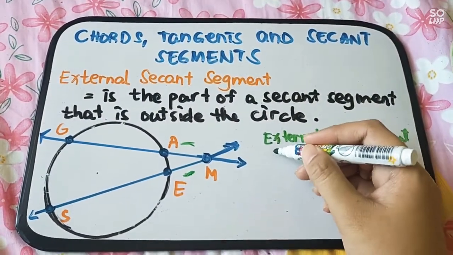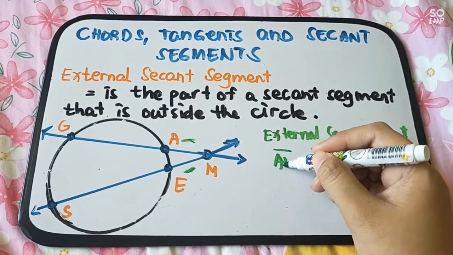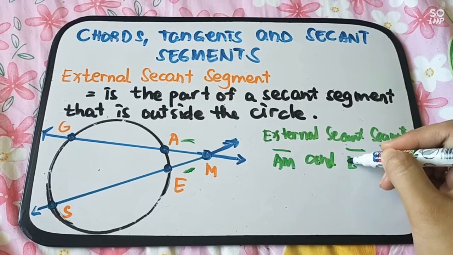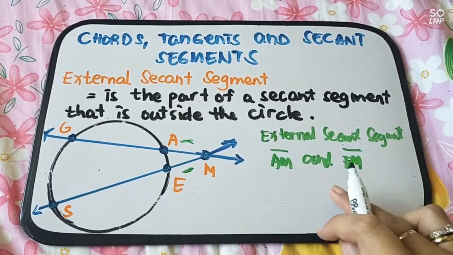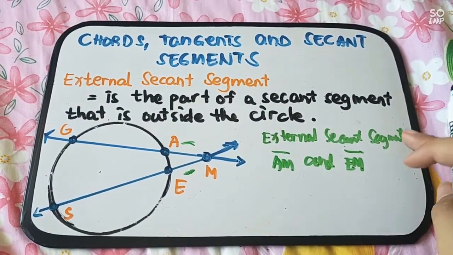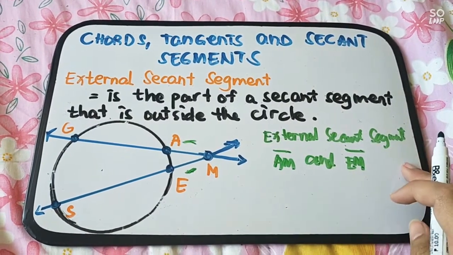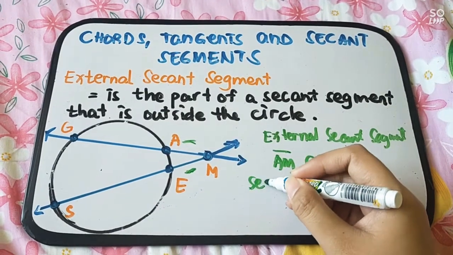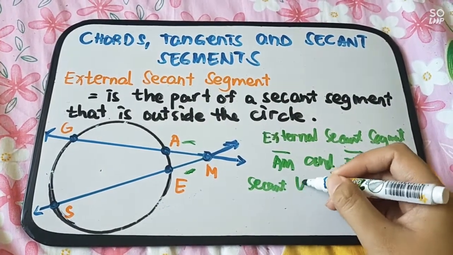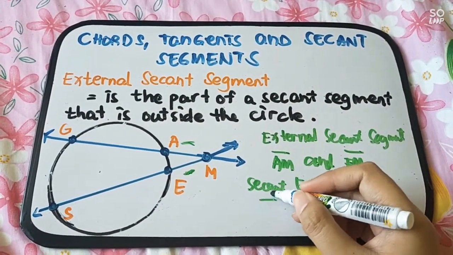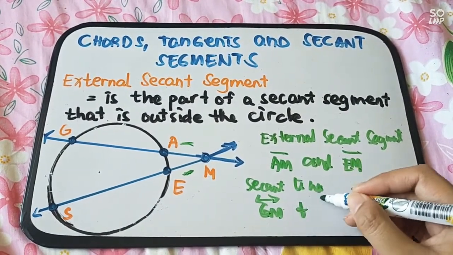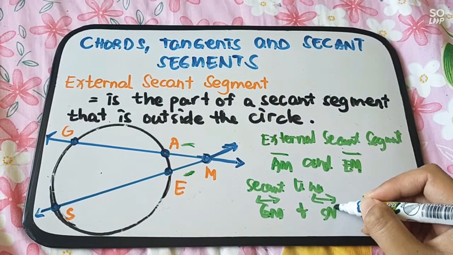So, therefore, it is segment AM and segment EM. Okay? So, that is your external secant segment. Ano naman 'yung tinatawag mong secant line? 'Yung secant line mo ay ito. Si line GM at saka si line SM.